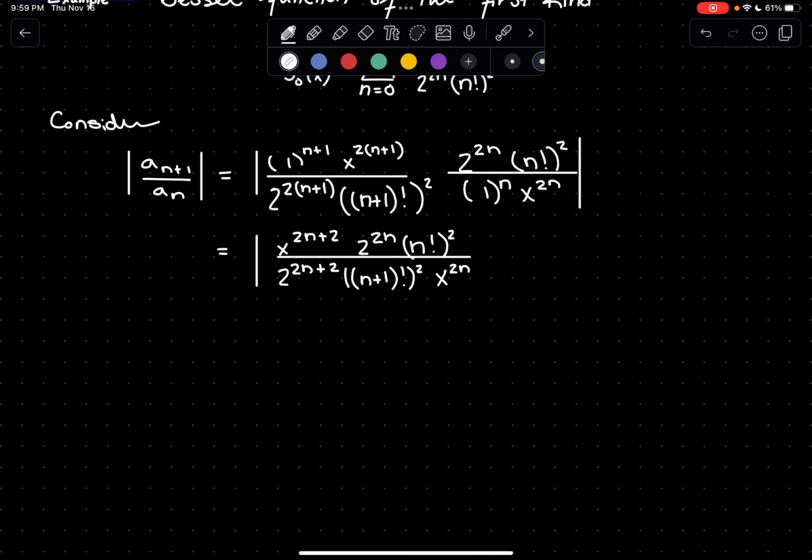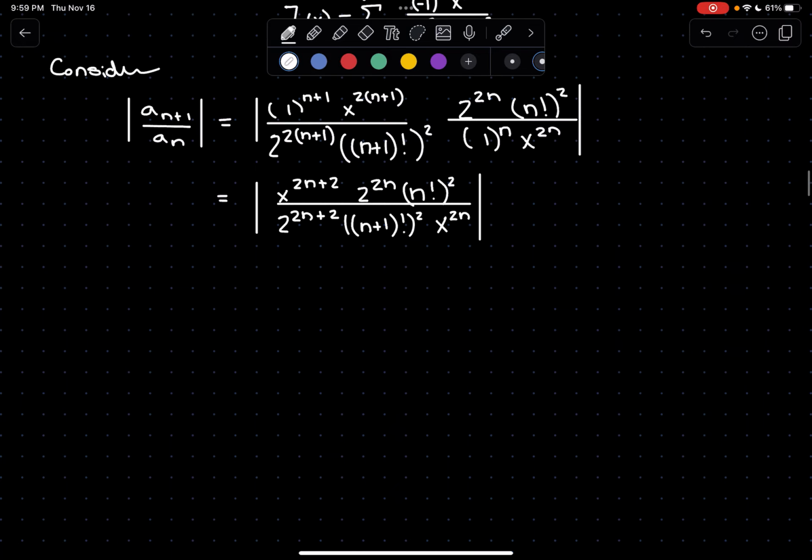Okay, so let's see what cancels. I can rewrite this as x^(2n+2), that's just x^(2n) times x squared, right? We're good there. And then I get 2^(2n), I think that's just going to stay the same, times 2^(2n) times n factorial squared.